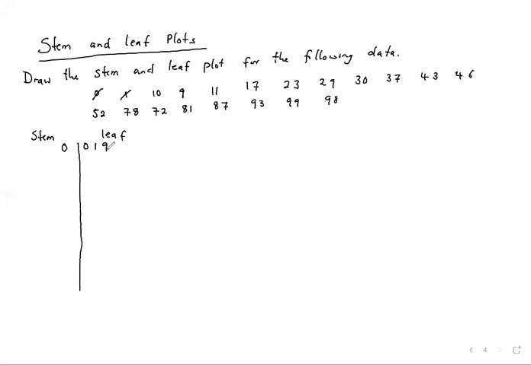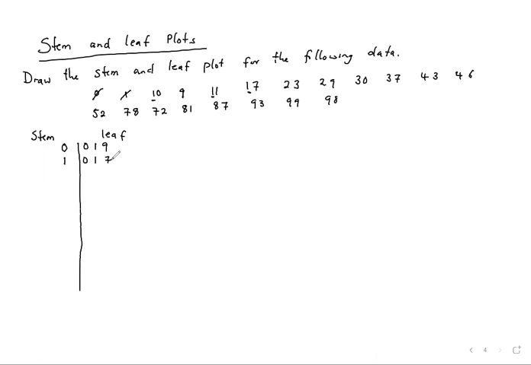If you want, you can come up with an ordered stem where you pick the numbers in ascending order, so it can be easy for you to get the mean, the mode if you're asked to do so. So the next is 10 to 19. All the numbers starting with 1, 10, 11, 17, you are saying that their stem is 1. Then their leaf, 0 for 10, 1 for 11, 7 for 17.